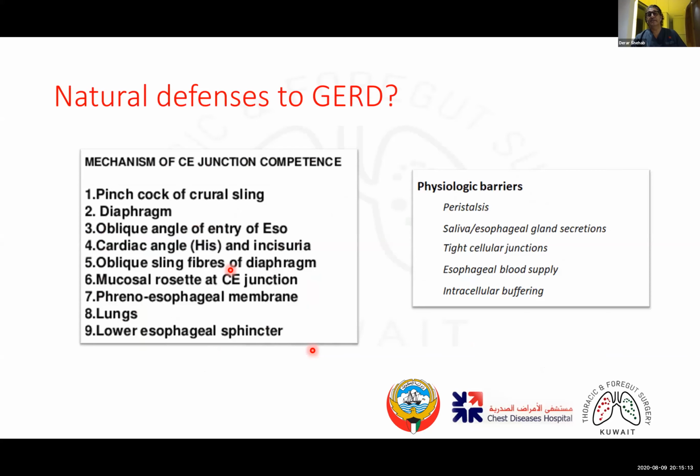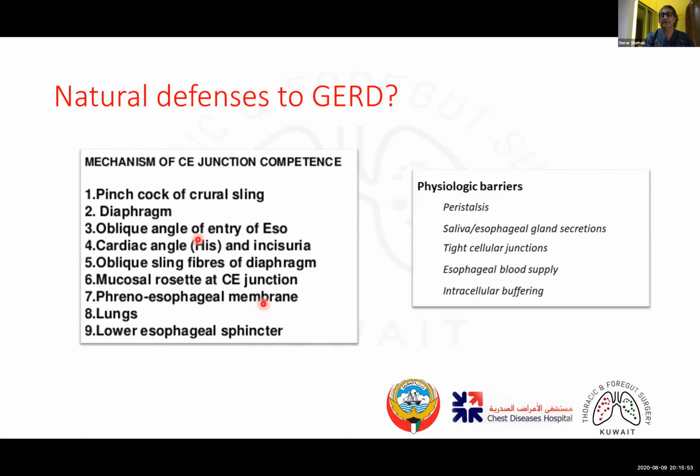Luckily, the esophagus has natural defenses against reflux disorders or reflux disease. We can divide those natural defenses into anatomical mechanisms and physiological barriers. The most important anatomical mechanisms are the pinchcock effect of the crura from the diaphragm, the oblique angle of the entry of the esophagus into the stomach, and the mucosal rosette that we discussed earlier, plus the phrenoesophageal membranes.